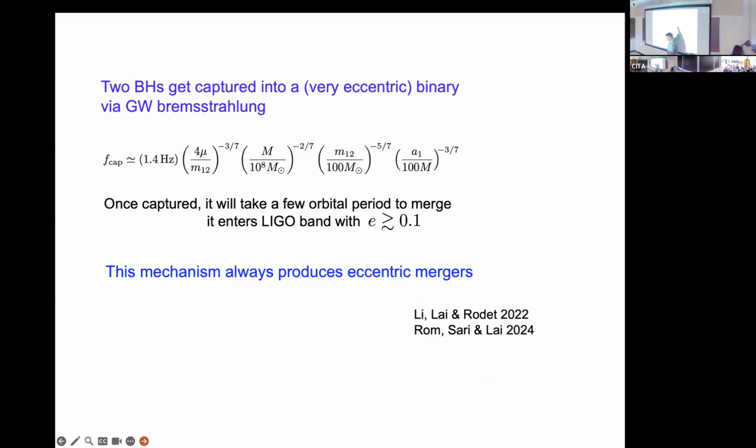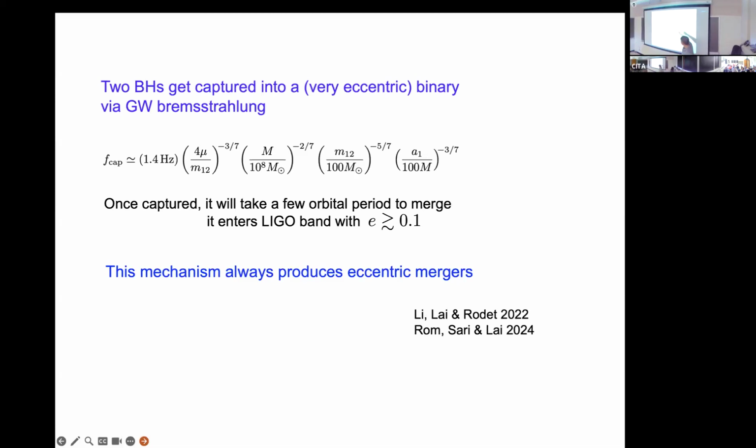Why is that a typical location? This is not exact; in some of the literature people talk about the migration trap and build models. It's not so sensitive. You get something like 1 Hertz, which happens to be between LISA and LIGO, so it's not quite LIGO yet.